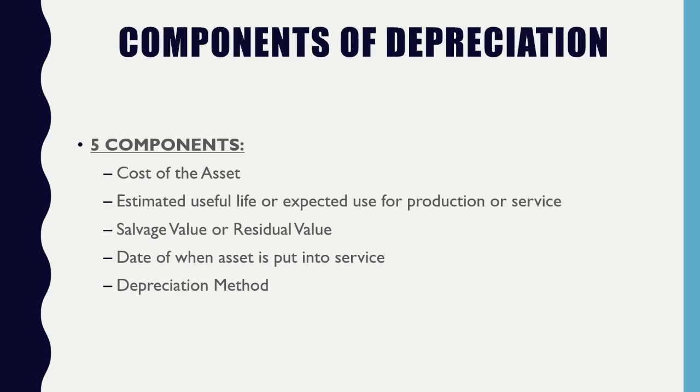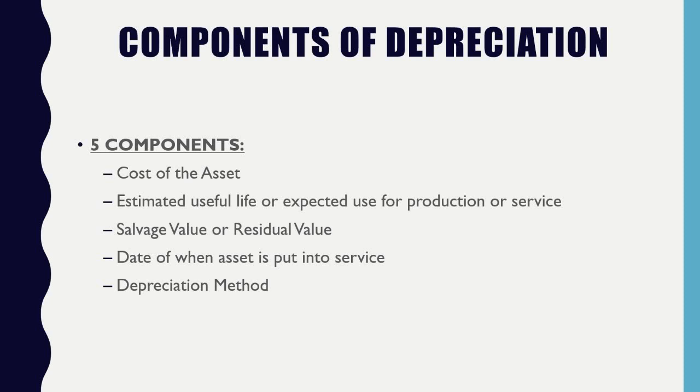So let's go ahead and talk about the components of how to do depreciation in the first place. Of course, you need to determine the cost of the asset. Second, you determine the estimated useful life, or the expected use for production, which I'll explain in this section.